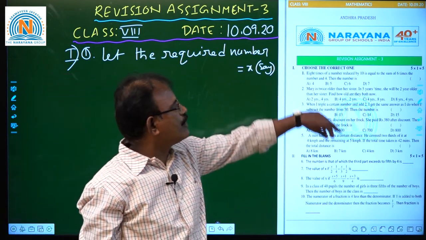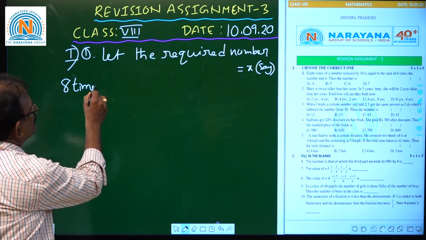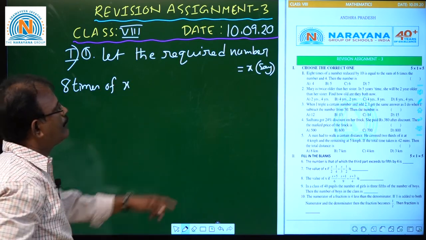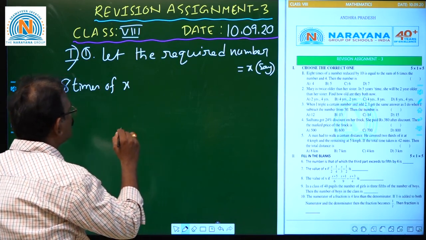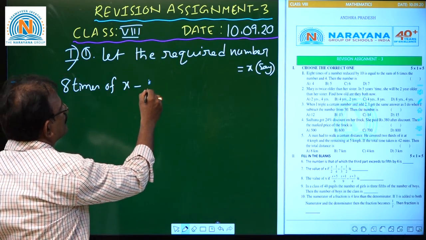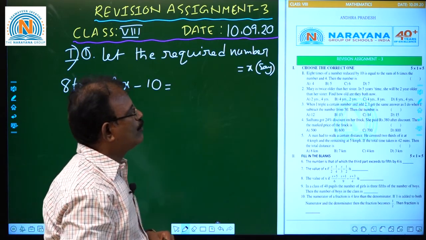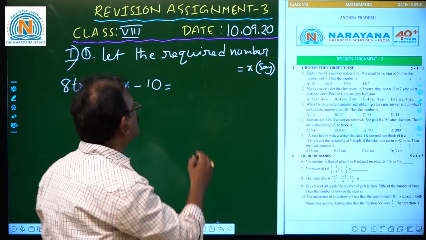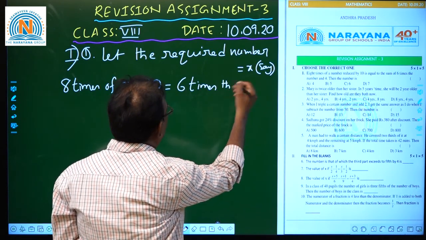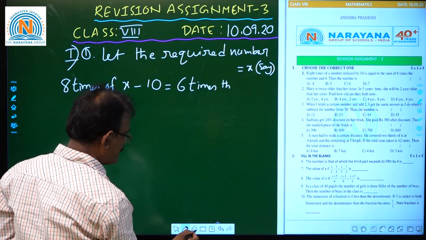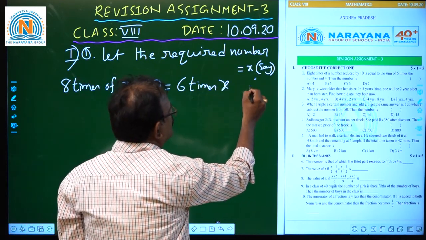Now 8 times a number, we already considered x, reduced by 10, that is minus 10, is equal to the sum of 6 times the number, that means 6 times x, and 4.